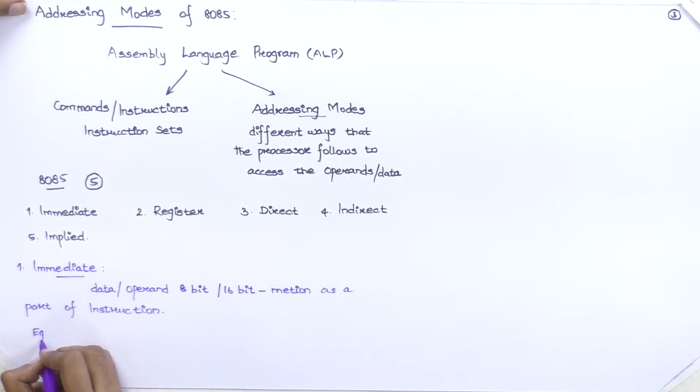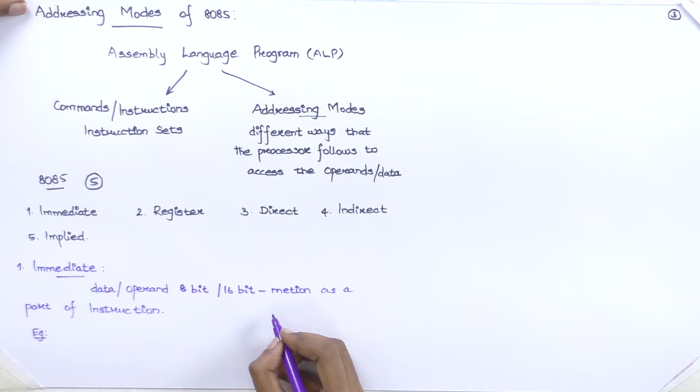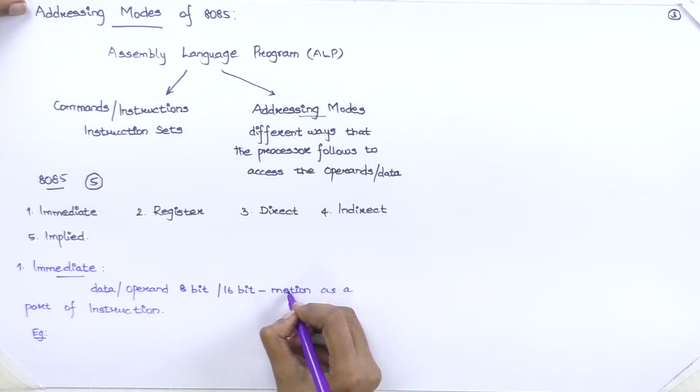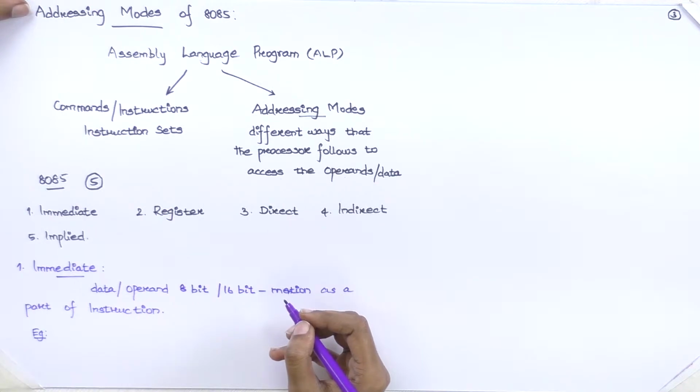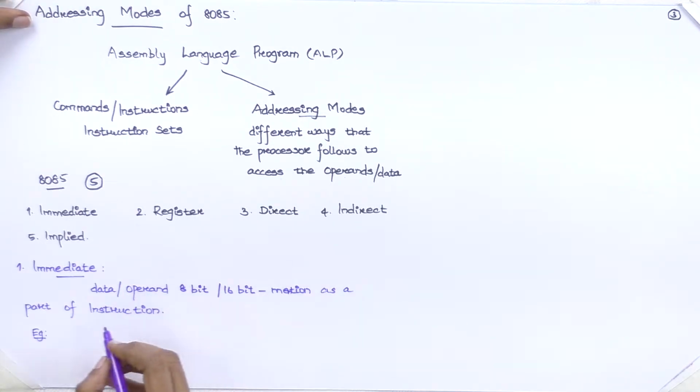For example, if you want to store an 8-bit value in the accumulator register, you can use this example: MVI A, 85.